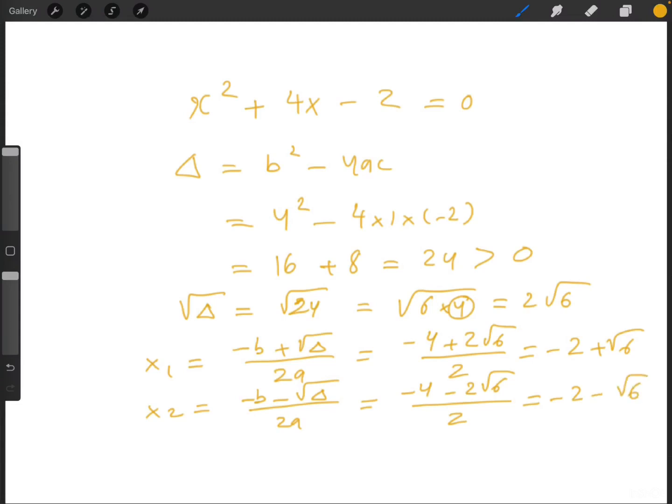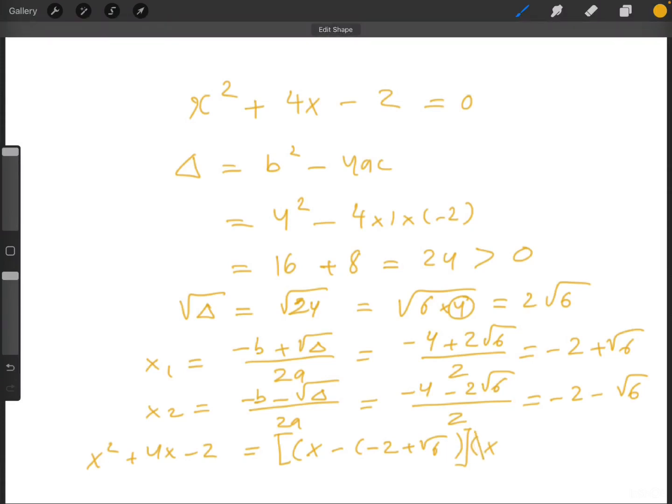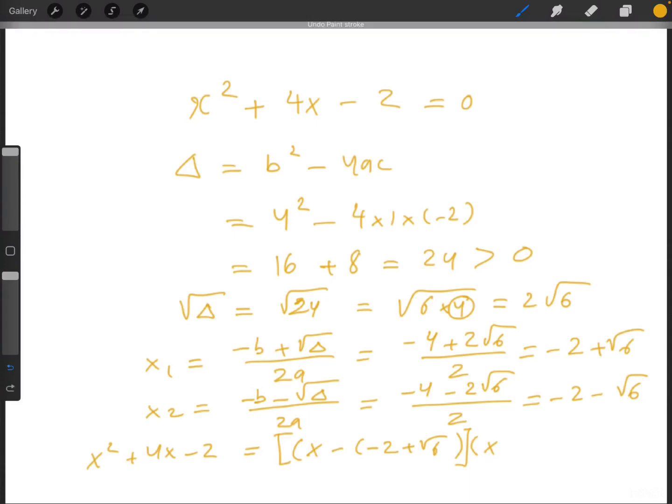So in this case we apply the formula. We factor x squared plus 4x minus 2 equals a, which is 1, times (x minus x1), which is x minus (negative 2 plus square root 6), and then (x minus x2), which is x minus (negative 2 minus square root 6).